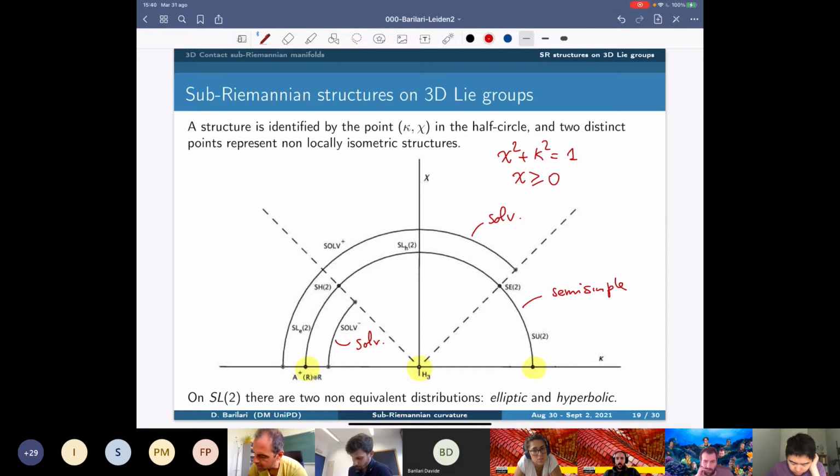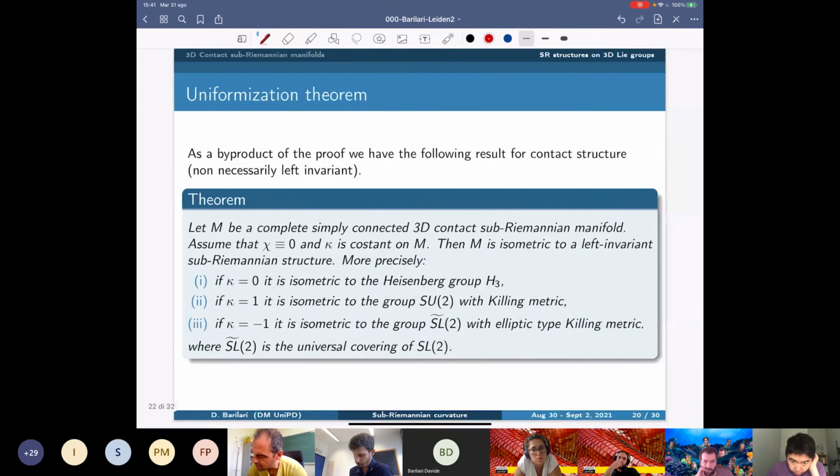Very good. If you have any question on this fact, I can go into more detail maybe during the questions. An interesting result is the following: if you have a complete simply connected three-dimensional contact Sub-Riemannian manifold, not necessarily a Lie group, but you know that chi is identically 0 and kappa is constant, then you are isometric, in this case globally because of the simply connected assumption, to a left-invariant Sub-Riemannian structure, and you have 3 cases.